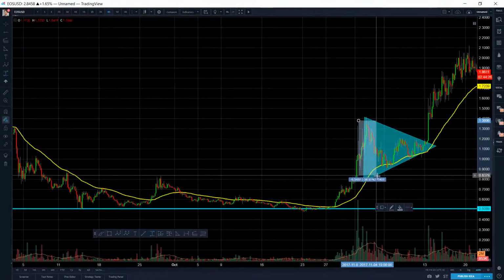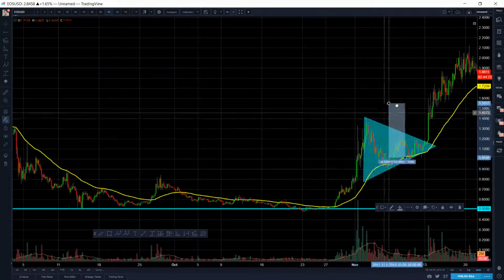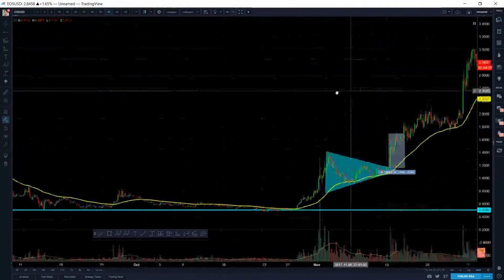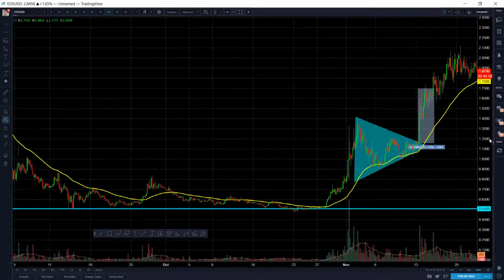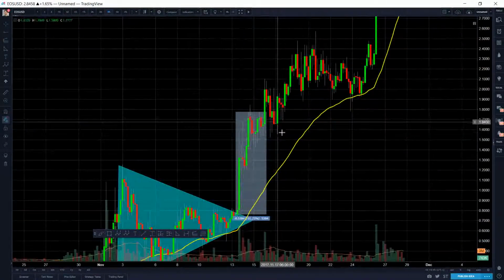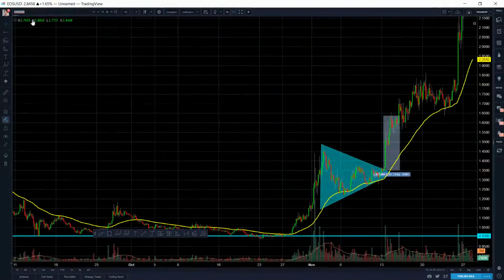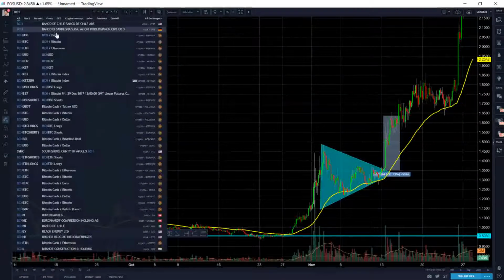I'll always shoot somewhat conservative. I'll drag that box over here. First target, what do you guys see? Pretty cool. It hit the exact target range at the top. Exact! That's two examples, guys, that I just came up with off the top of my head. Well, not came up with, but they're real examples on EOS.